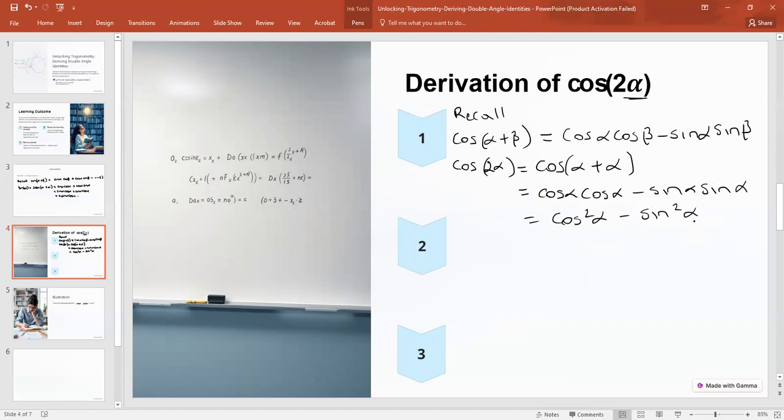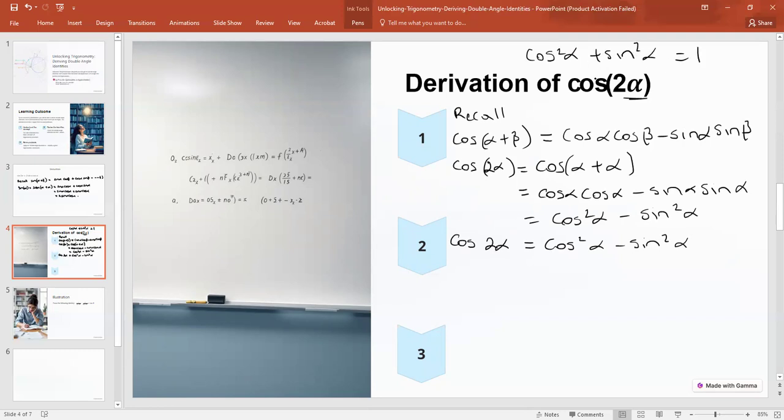This is the first form of the derivation of cos 2 alpha, which is equal to cos squared alpha minus sine squared alpha. Now, the second form is to rewrite cos 2 alpha given by cos squared alpha minus sine squared alpha. We now know this trigonometric identity, which states that cosine squared of alpha plus sine squared of alpha is equal to 1.